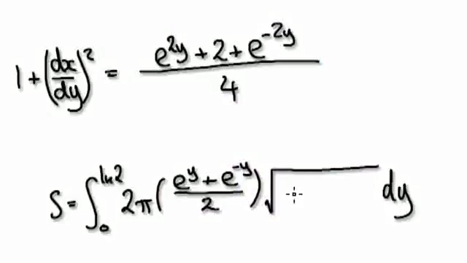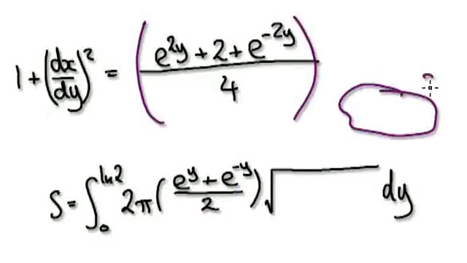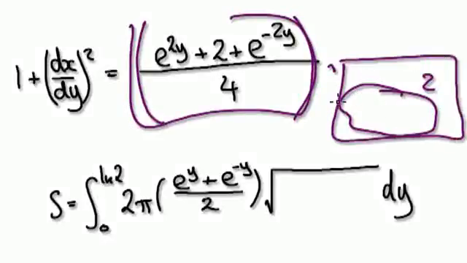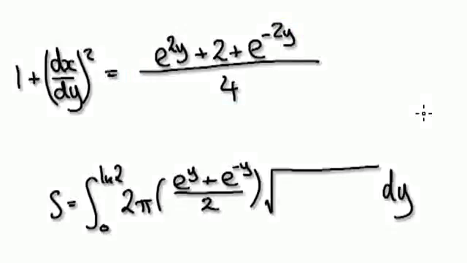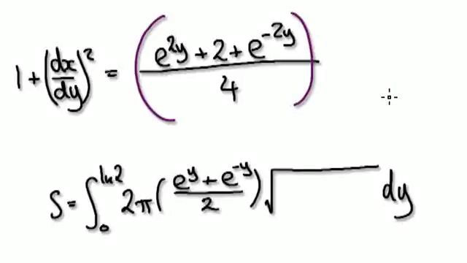But what you should notice is that you can rewrite this in the form of something squared. Normally this thing would cancel out with something in here, but in this example it doesn't. So you have to realize that this thing you can rewrite as something squared.